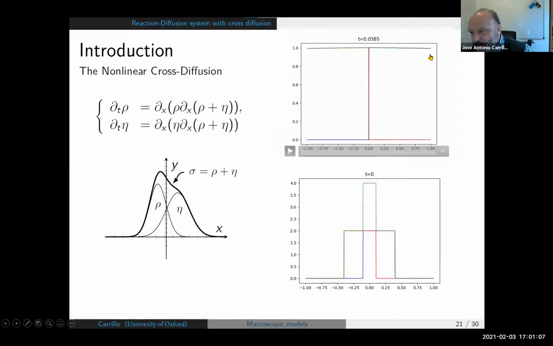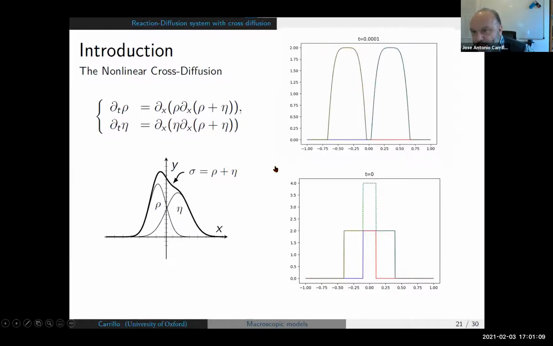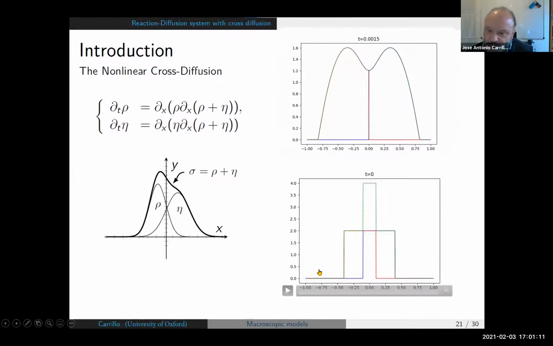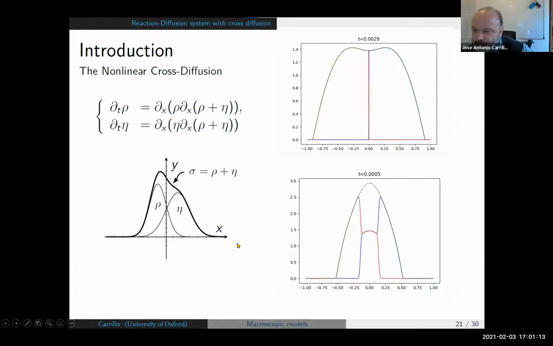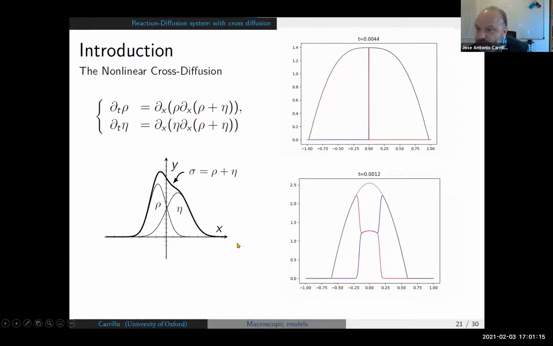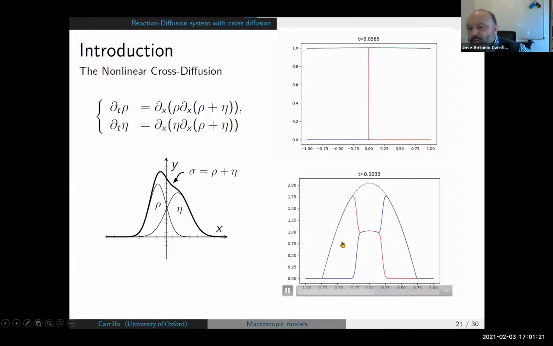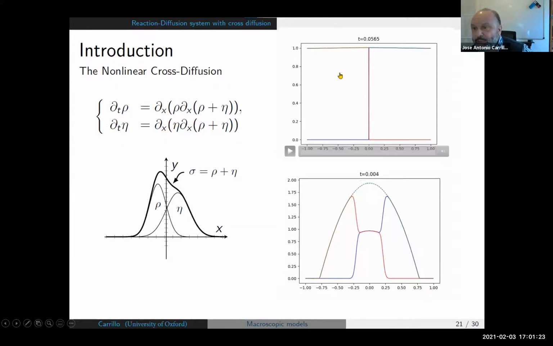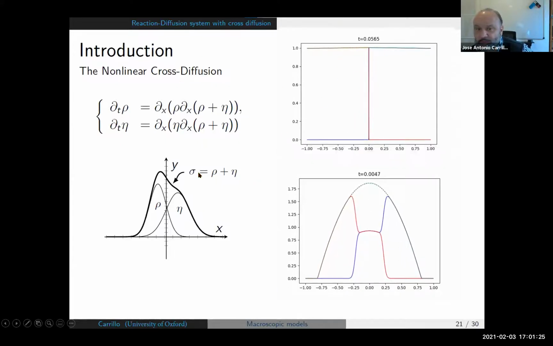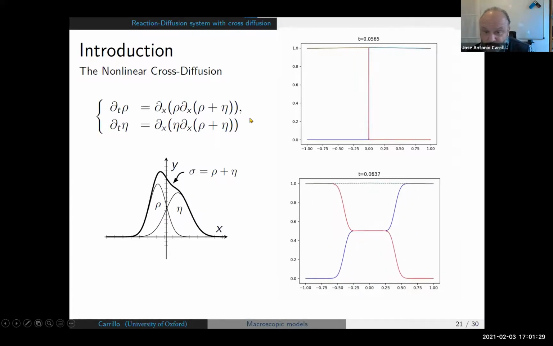Now at the boundaries, because I have no flux, at the end, everything goes to constant. Here is just the same with some mixing. And then you see the self-similar profile of the Barenblatt with the mixing of the two. But you see that this behavior is already present in the very basic model without any interaction.